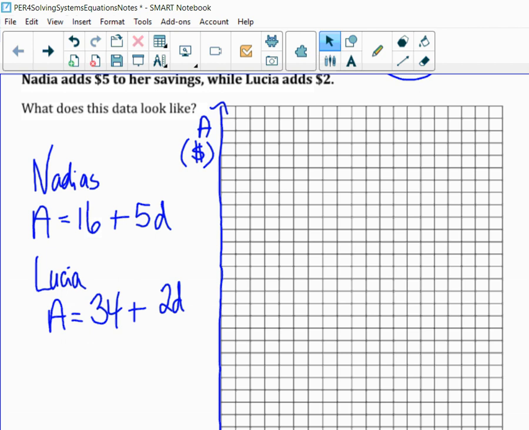Okay, so I'm going to get my ruler and do this better. So there we go. And then I'll put an arrow and an arrow. Okay, what should we start our scale at?